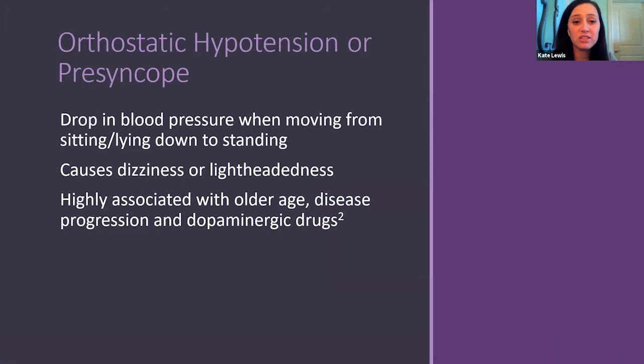We can also have orthostatic hypotension or pre-syncope, which is a drop in blood pressure when moving from sitting or lying down to standing. This can really affect individuals in the Parkinson's disease progression, is this orthostatic hypotension that may be causing some dizziness with position changes.